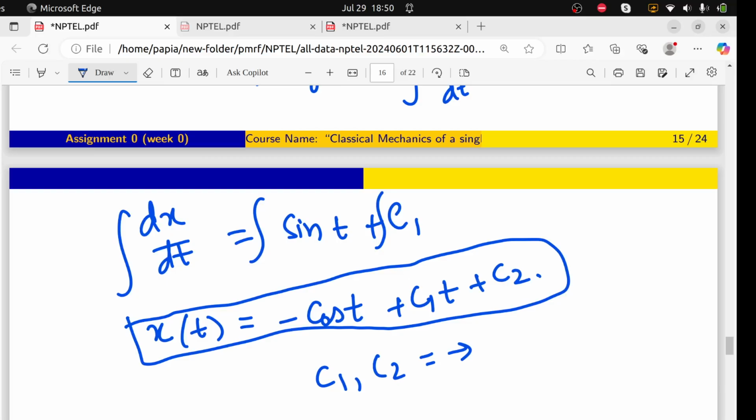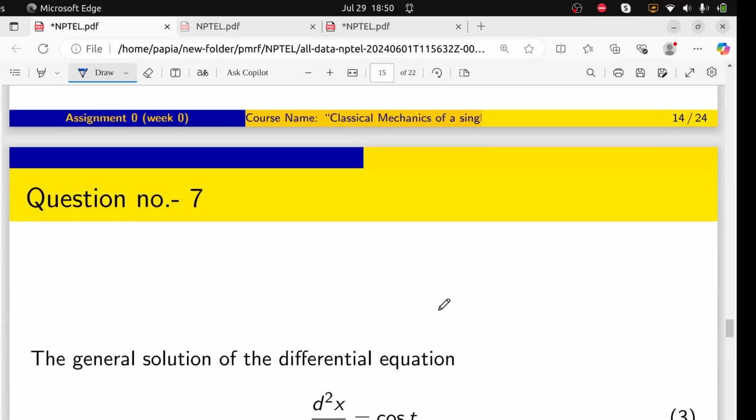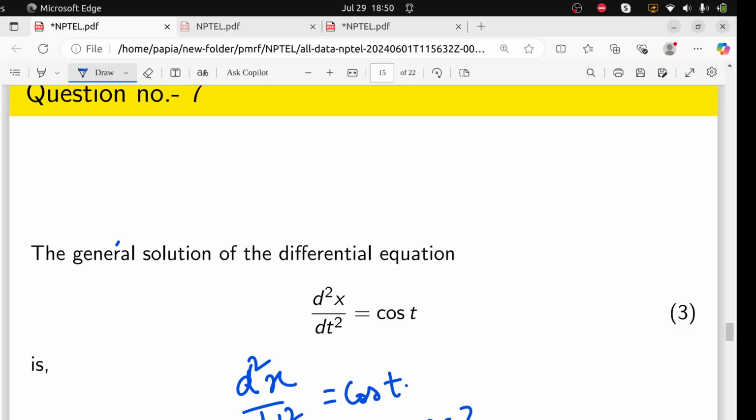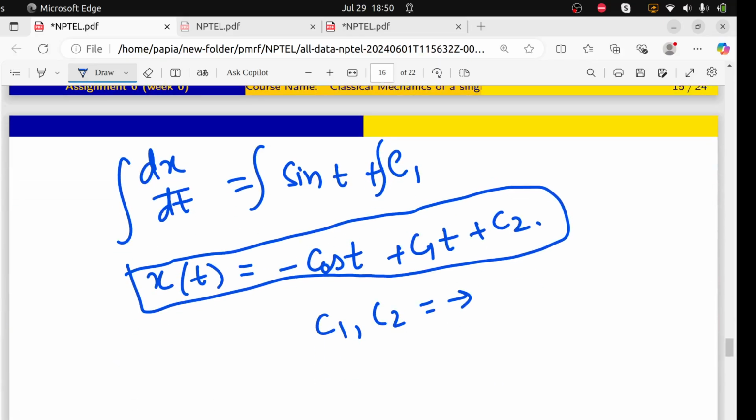But as they are asking about the general solution, yes, you can see it is written as general solution, so it will simply be minus cos t plus c1 t plus c2. These are constants. c1, c2 are constants. You can write them as A, B, C, D, whatever you want.